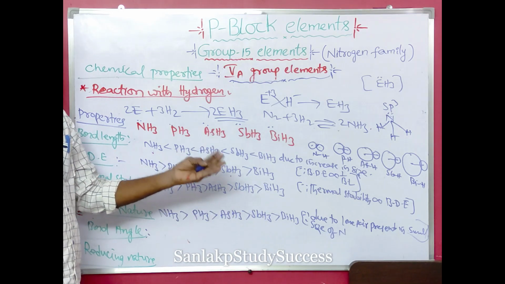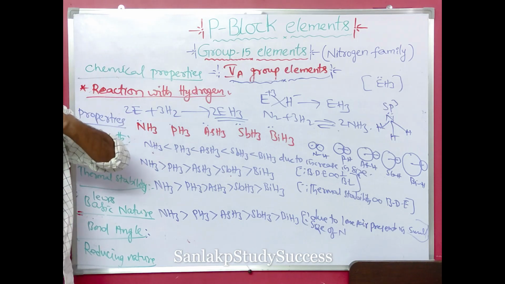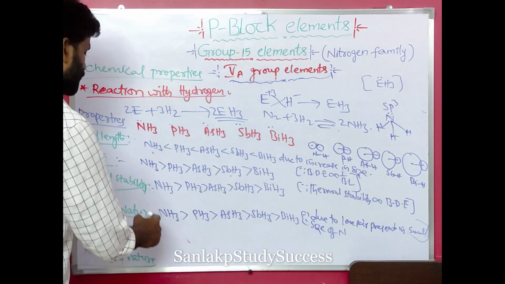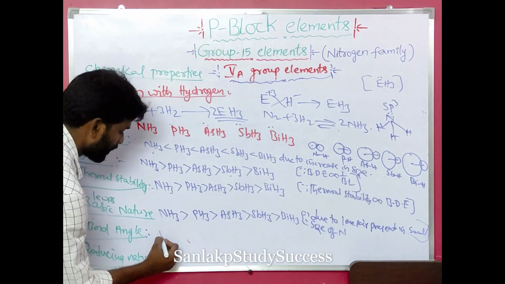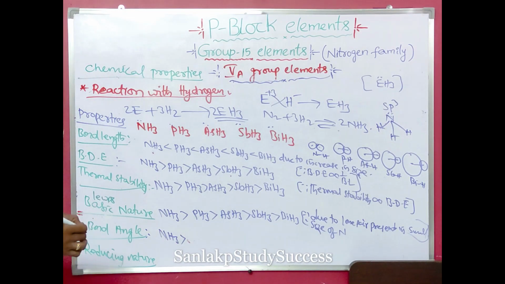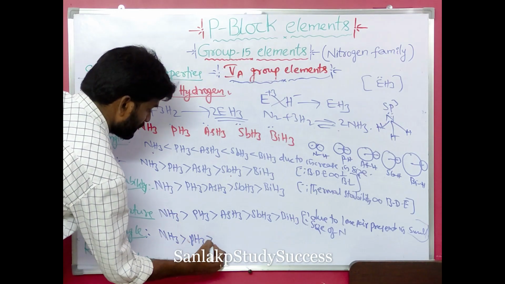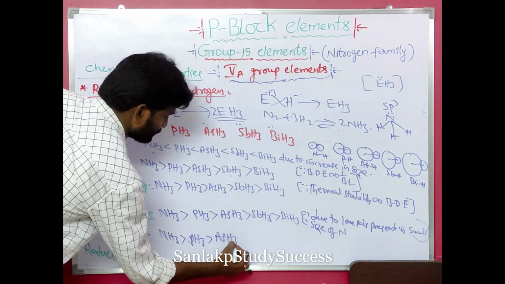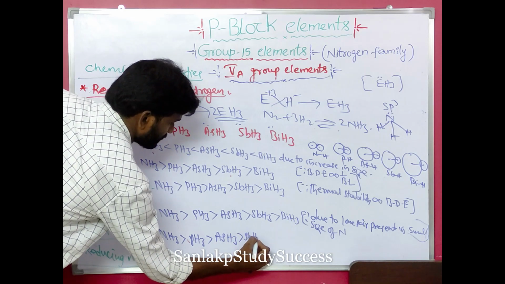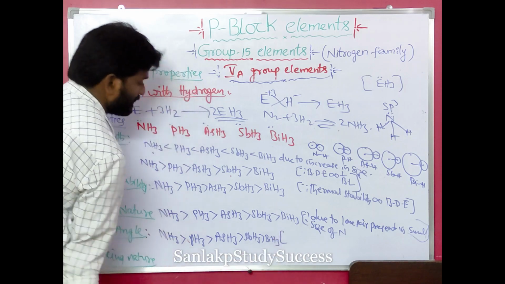So bond angle is directly proportional to the electronegativity of the central atom. So the bond angle decreases from ammonia NH3 to AsH3, SbH3, BiH3. So what is the reason?